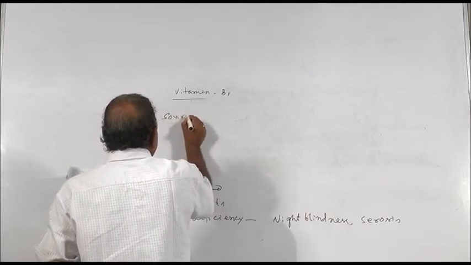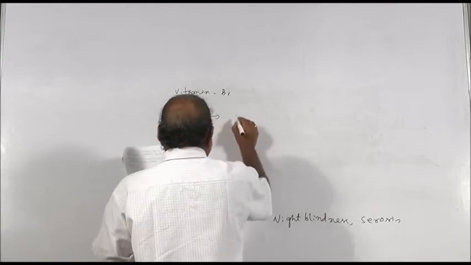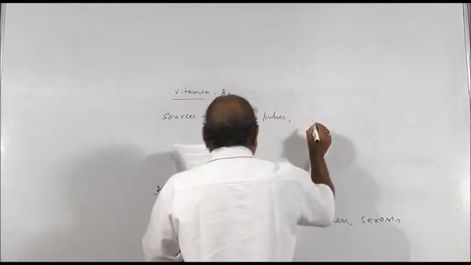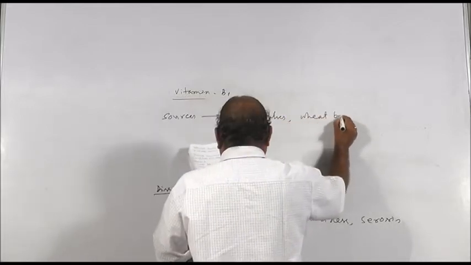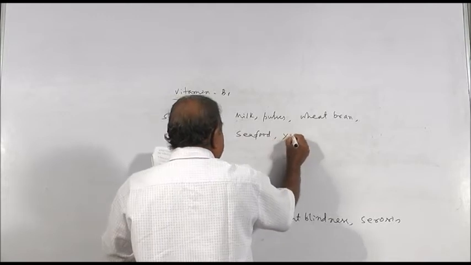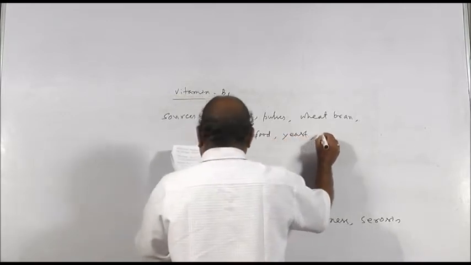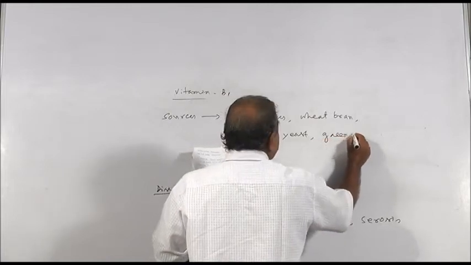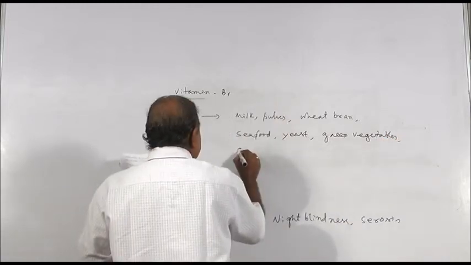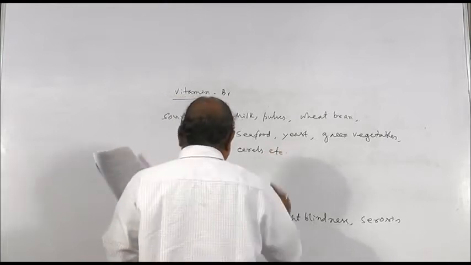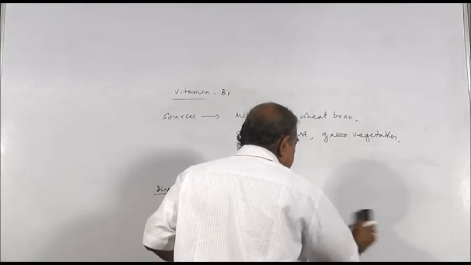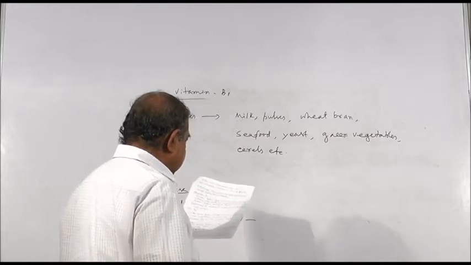Sources are milk, pulses, wheat bran, seafood, yeast, green vegetables, cereals, etc. So these are the different sources where you can get vitamin B1. The disease caused due to its deficiency is beriberi.